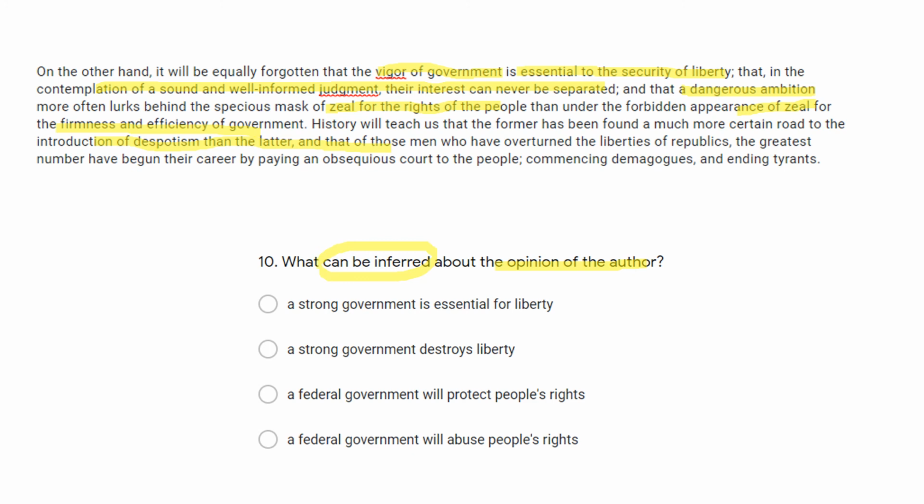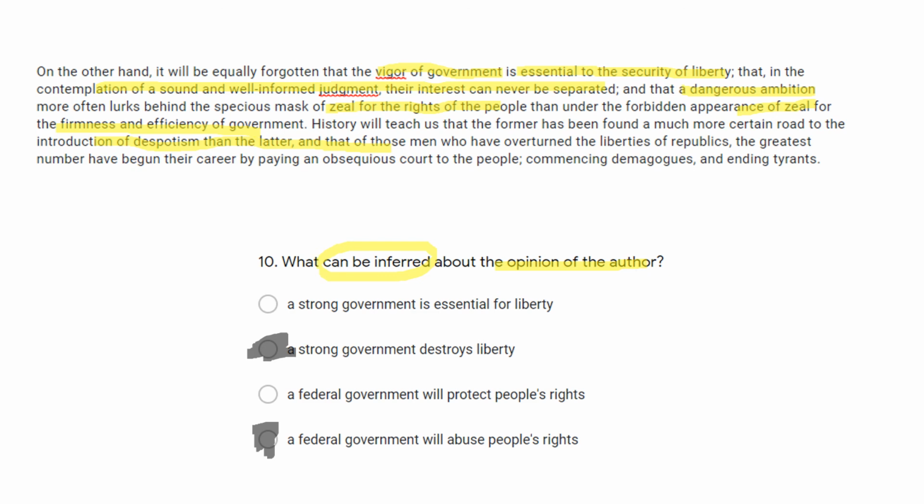So, this is showing you that governments are good for people's rights. So we can take away answer B and answer D. The government is good for people. It's saying you should want a strong government.